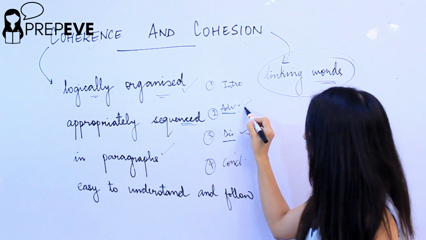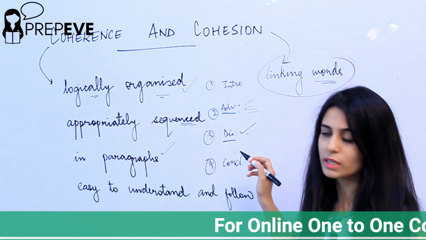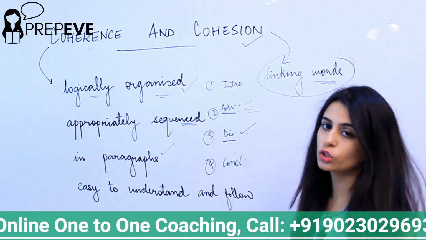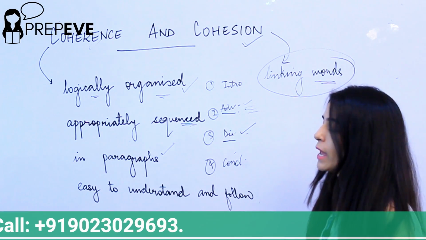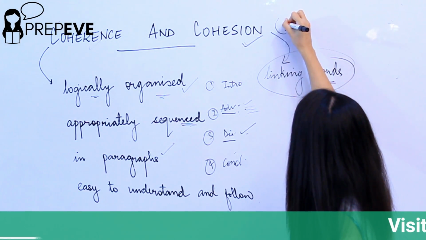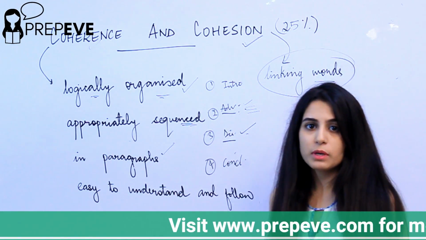And if we use connectors between sentences, within sentences and between 2 sentences, then again it would increase the cohesion of our essay or our letter. Doing all these would help us score better in this particular parameter, which carries a weightage of 25%. I hope I am clear.